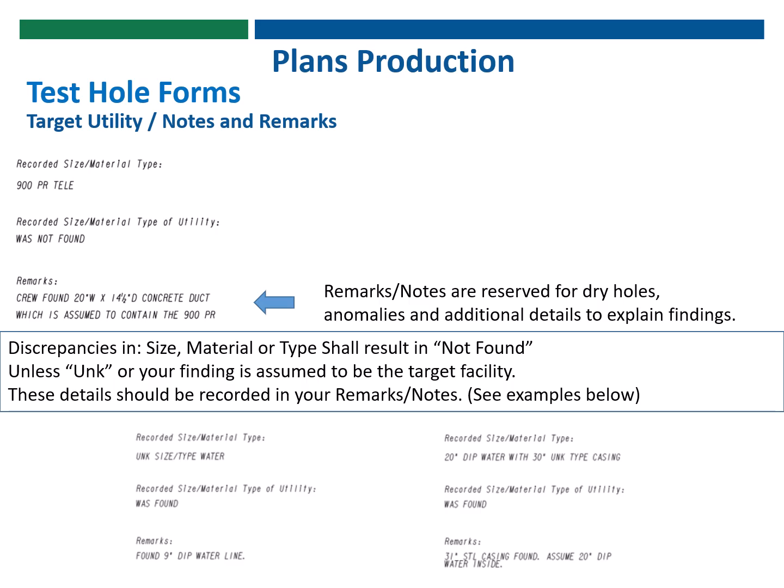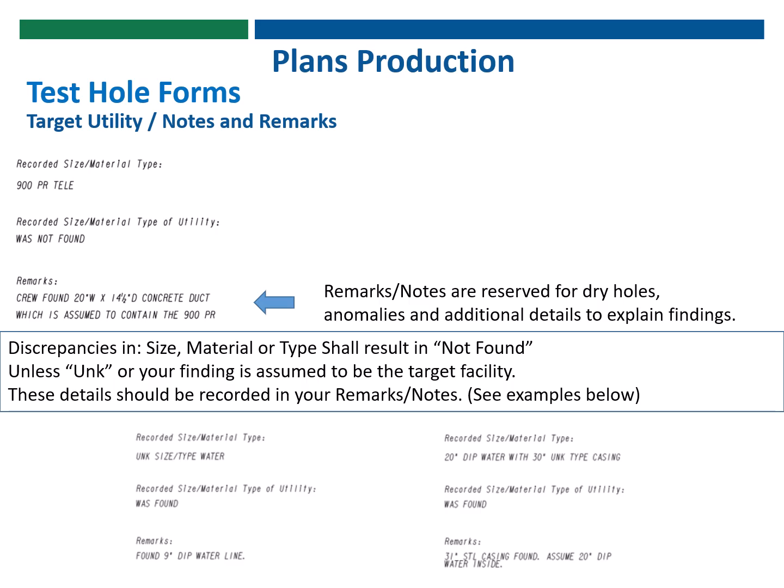In the bottom left-hand example, the targeted facility was an unknown size and type water, and the crews found a 9-inch ductile iron water line. The result was that the facility was found because previously an unknown size and type was the target. So they were able to add information to the investigation by determining the size and the material type of that line.